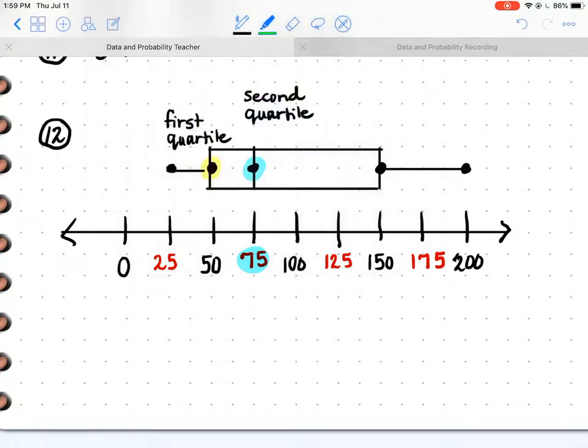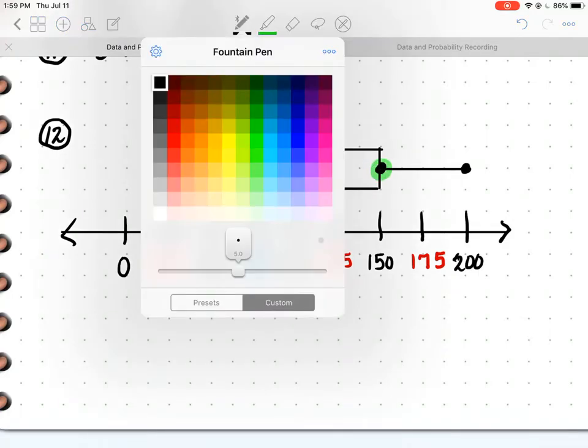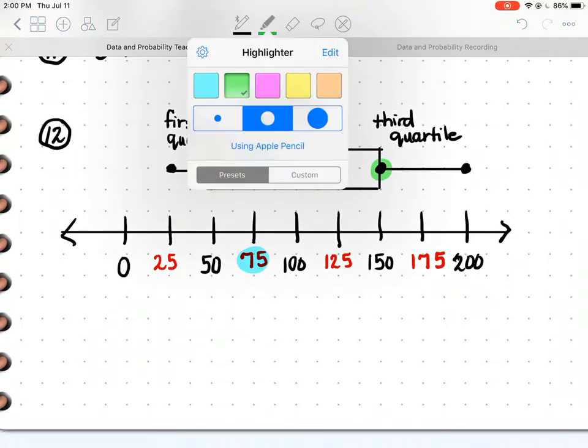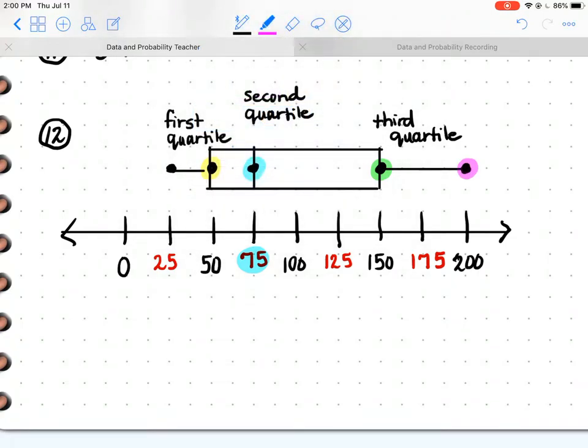Any guesses on this dot? That's the third quartile. And then, of course, the fourth one, or the whole thing, would be up here at this point.